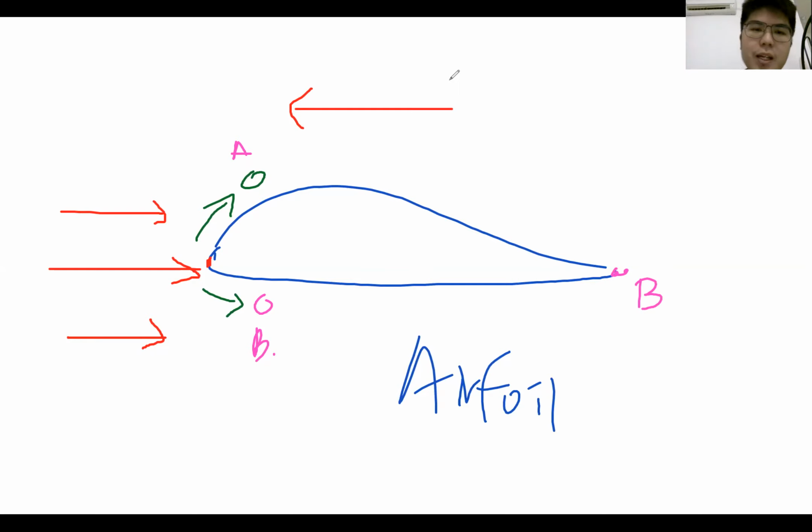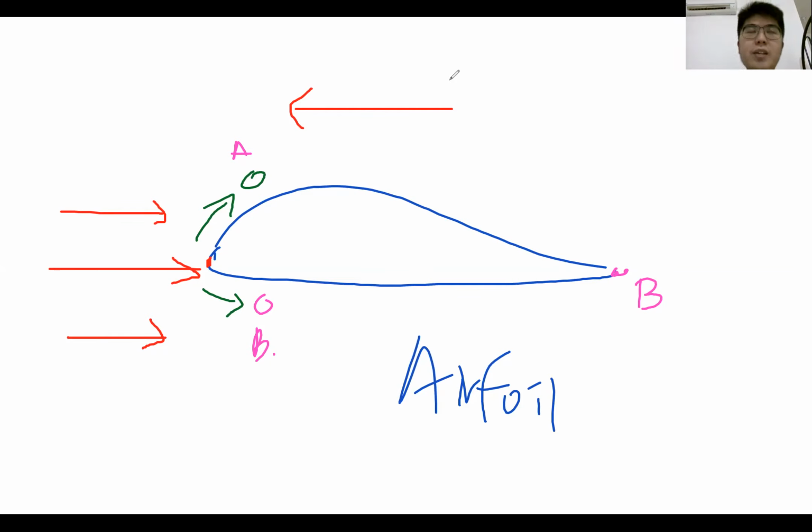So you will see why the top is curved. Since the top is curved, the distance traveled by particle A is further than the distance traveled by particle B, because on top the curved section is longer.